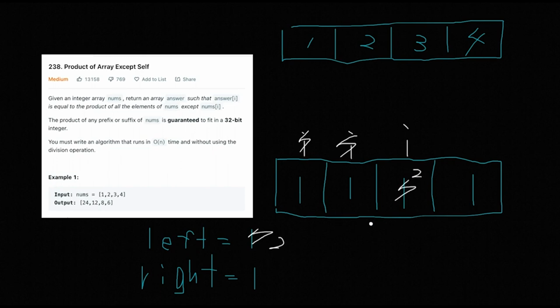Let me write down the indexes I already used. For index 1, I used just index 0, and for index 2, I used 0 and 1.